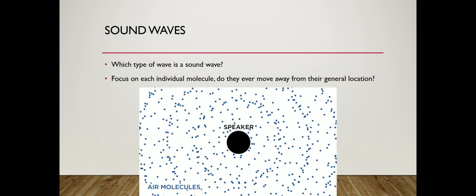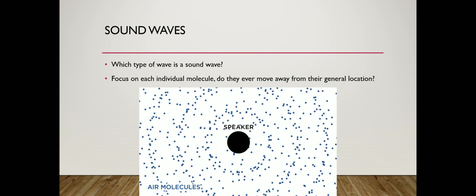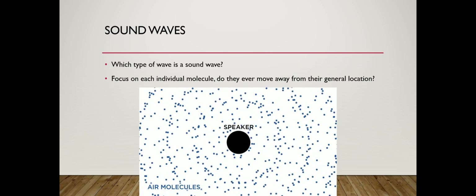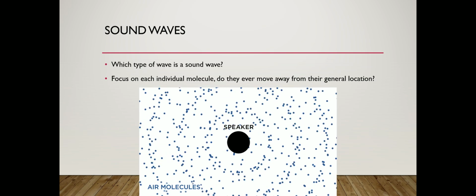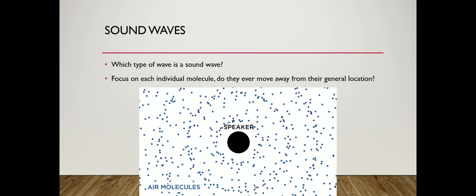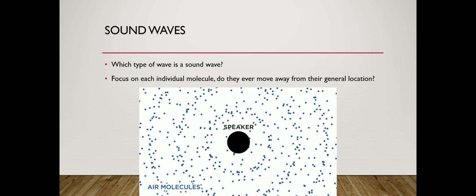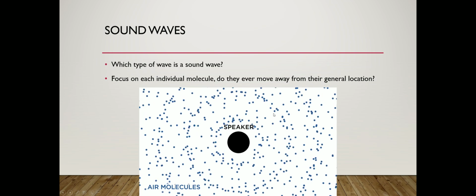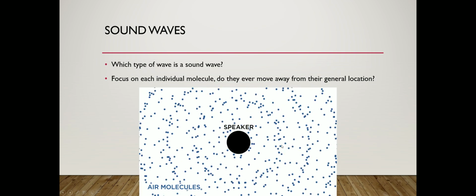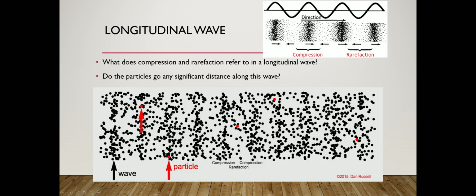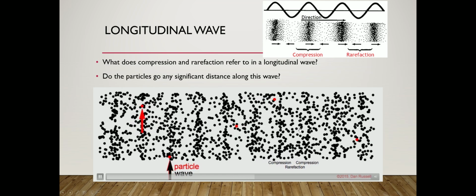So, what type of wave is a sound wave? If you focus on each individual particle, you'll see that there's a compression and a rarefaction. You see these compression areas and the rarefaction areas, expanding and compressing, expanding, compressing.